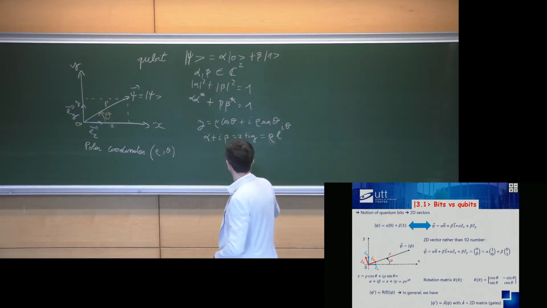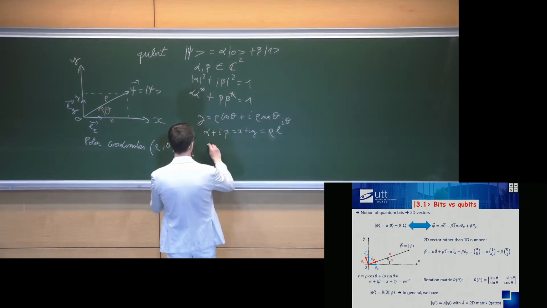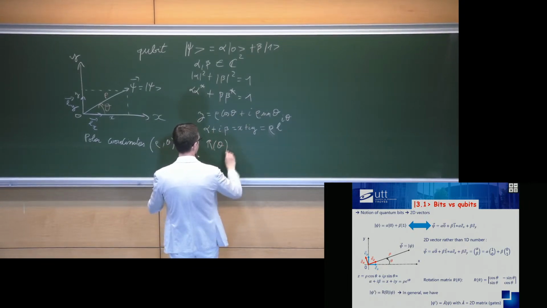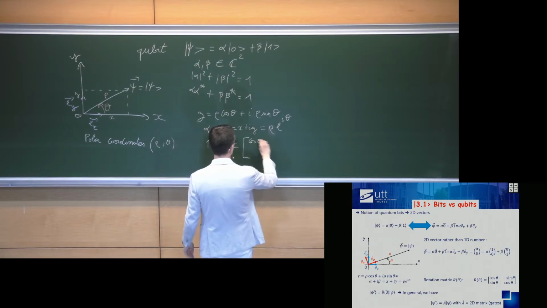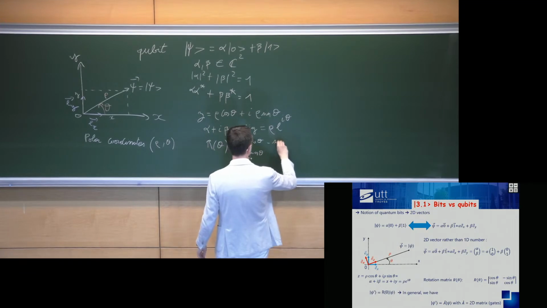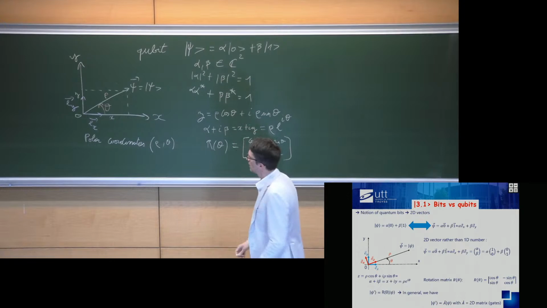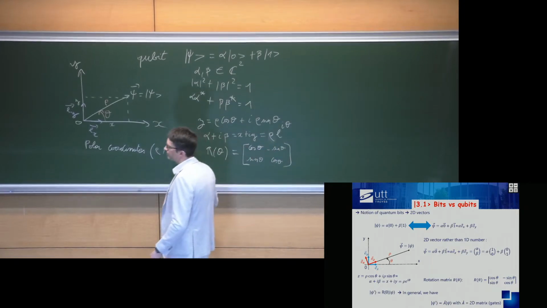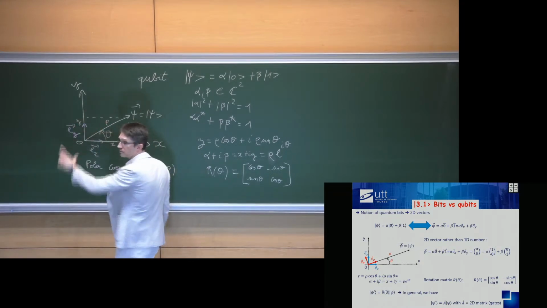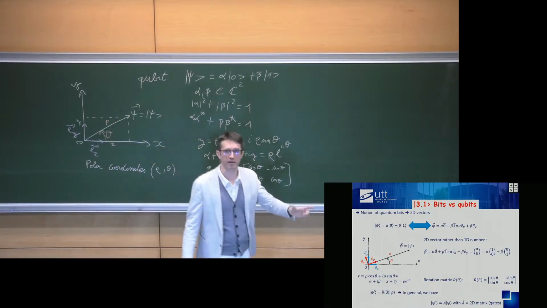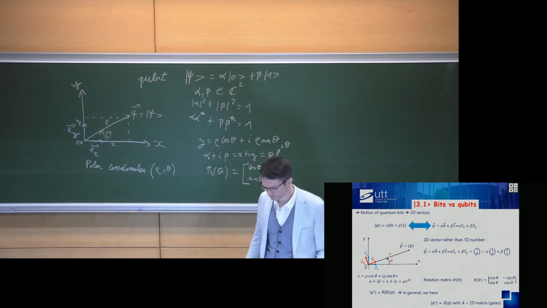So we can introduce a rotation matrix, R theta, which in the most general way is cos theta, sine theta, minus sine theta, cos theta. And we can decide to take that vector, apply the rotation, and get another vector pointing in another direction.